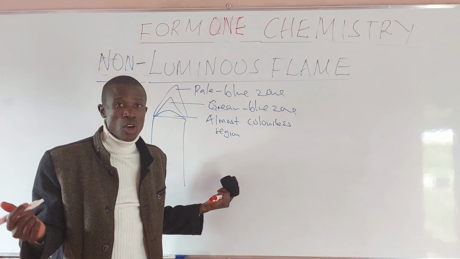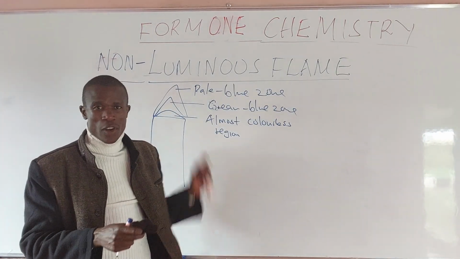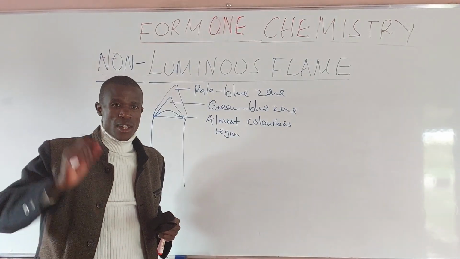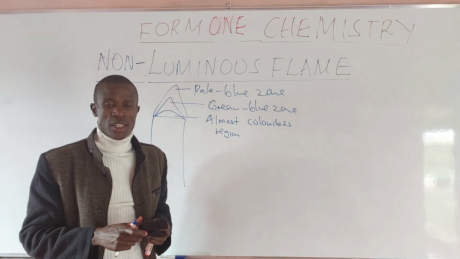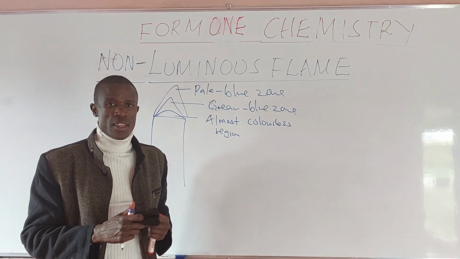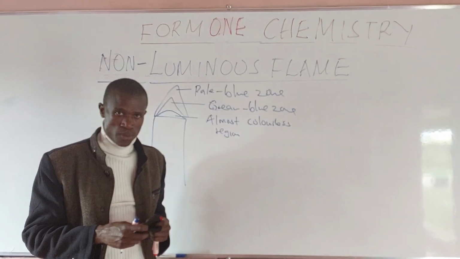It doesn't glow producing yellow light. It is predominantly blue because it is formed when the air is fully open. That is the condition. The air is fully open, and therefore the laboratory gas undergoes complete combustion, resulting to no unburnt carbon particles, and that is why this flame is normally predominantly blue.